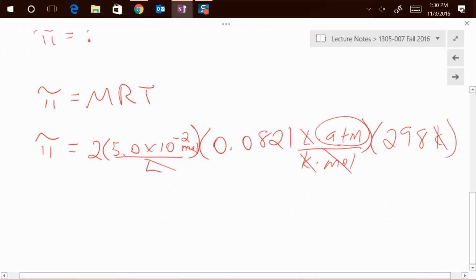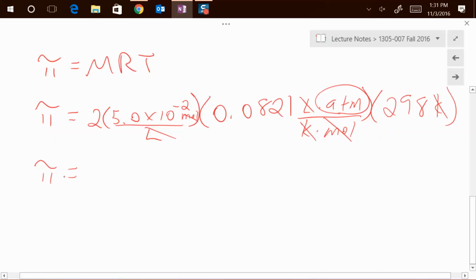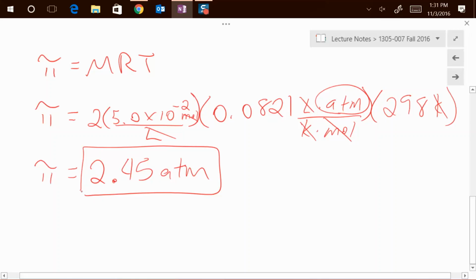So what is the osmotic pressure of this sodium chloride solution? 2.45 atmospheres.